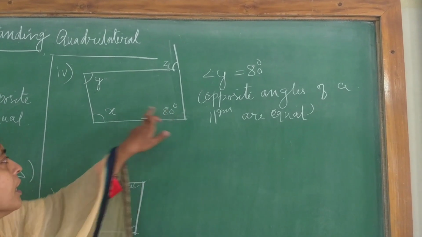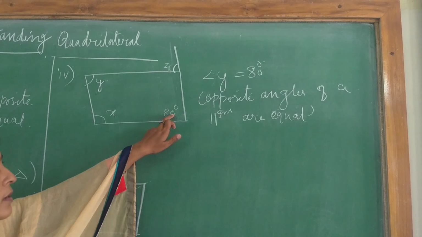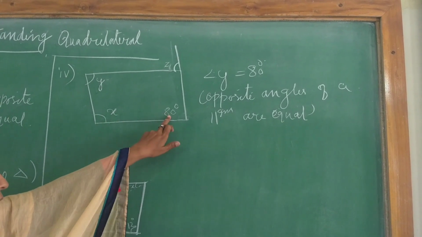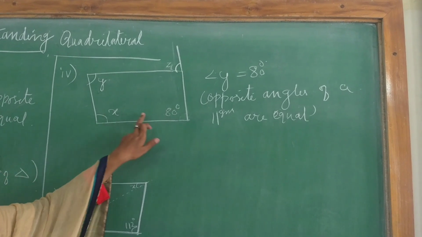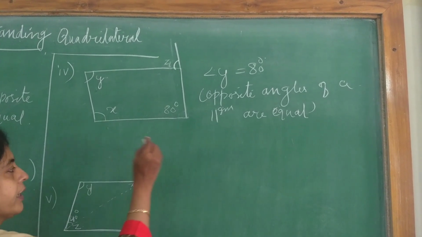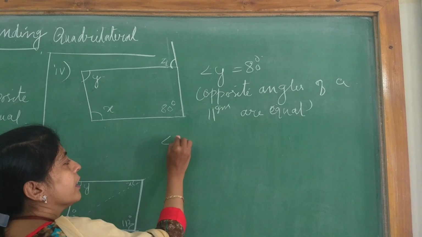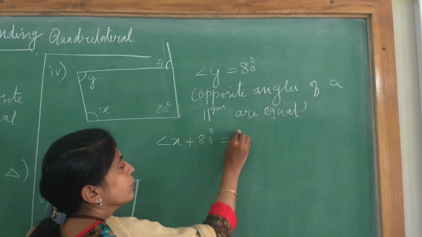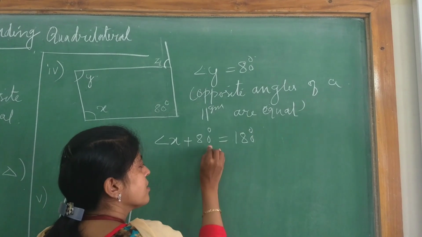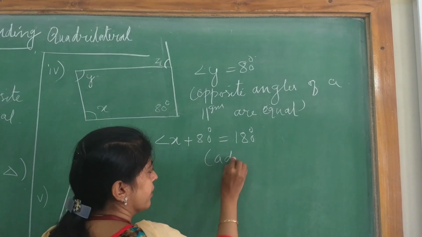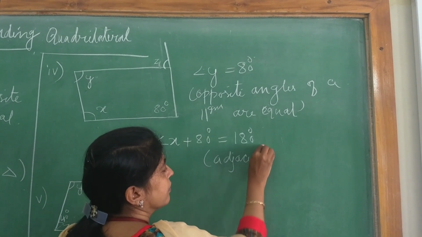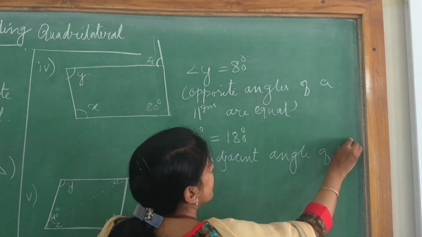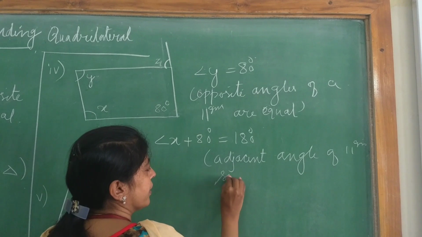As you can see, these two angles are adjacent angles, and we know that adjacent angles are supplementary. So therefore I can find x by taking x plus 80 is equal to 180 on the basis of adjacent angles of a parallelogram are supplementary.